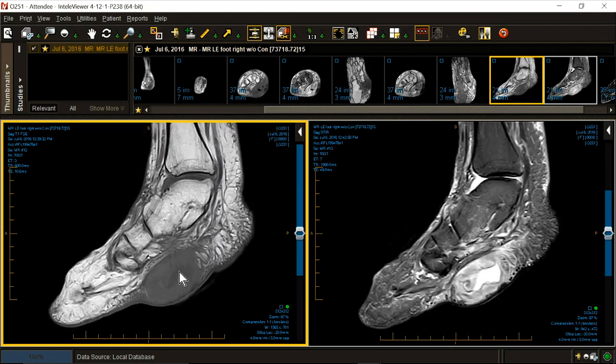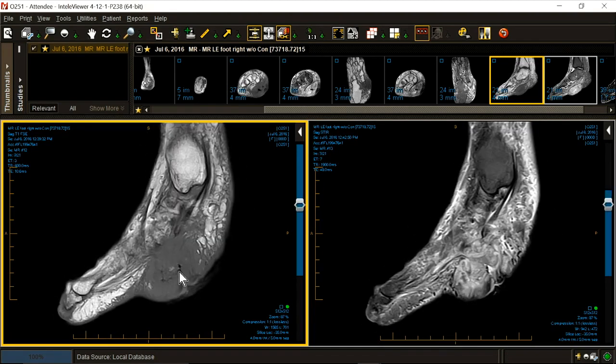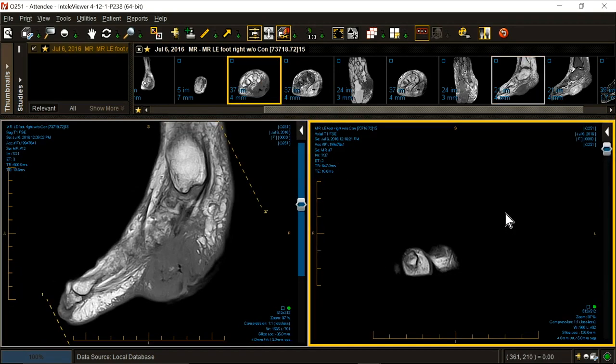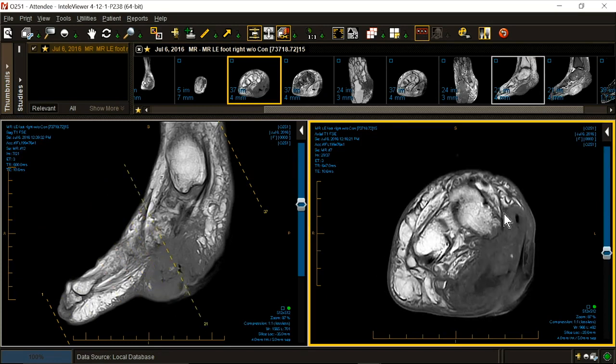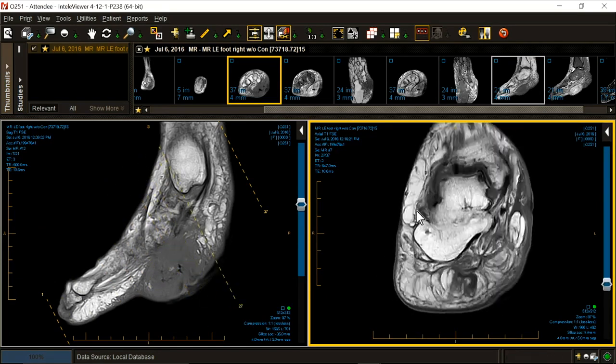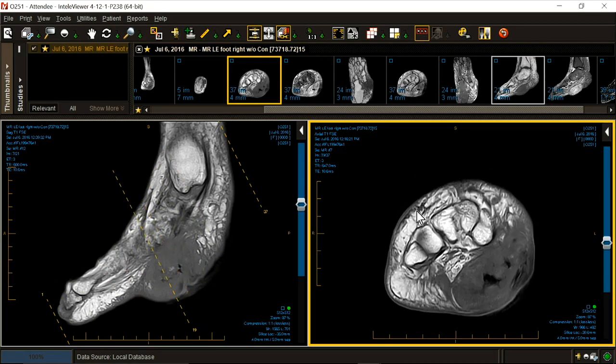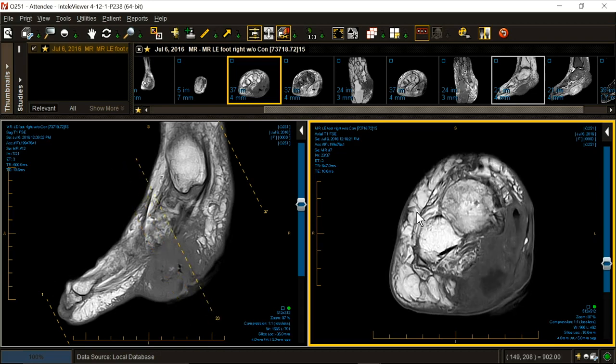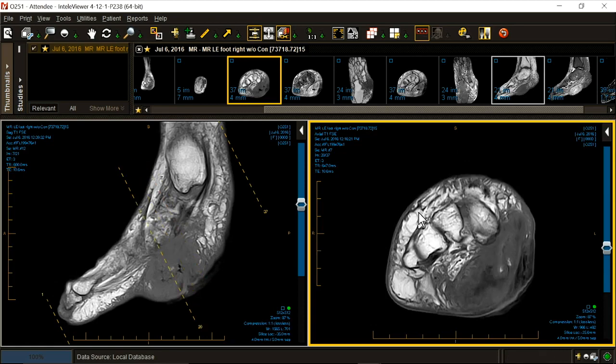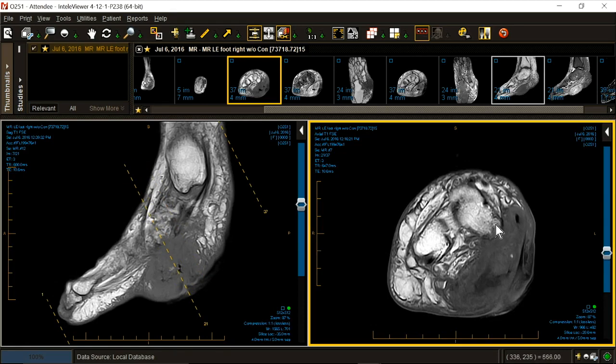Now we got to decide if it's in the bone. Let's go to the short axis. You have to make a decision, yay or nay. Yay. The eyes have it, and there it is.